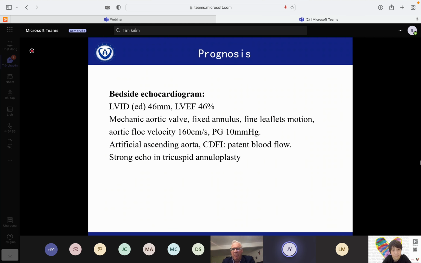You can see that the end-diastolic LVID has decreased from 53 to 46 millimeters, and the left ventricular ejection fraction has increased from 23% to 46%, and the other results are relatively normal.